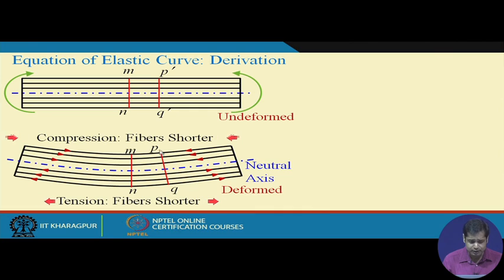In deformed configuration this is PQ, and the undeformed position P dash Q dash is shown in dotted lines. So P dash Q dash now becomes PQ in deformed configuration. Now suppose the distance between these two points A and B is delta x, or dx.